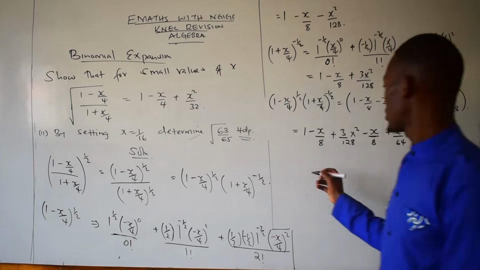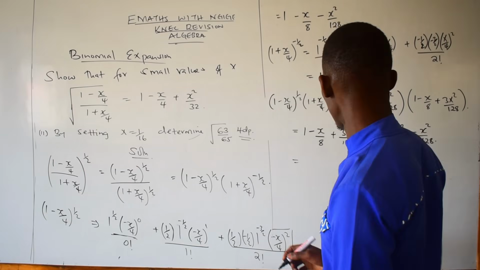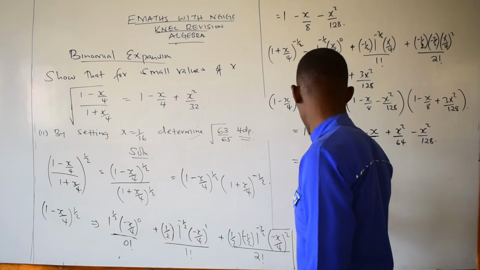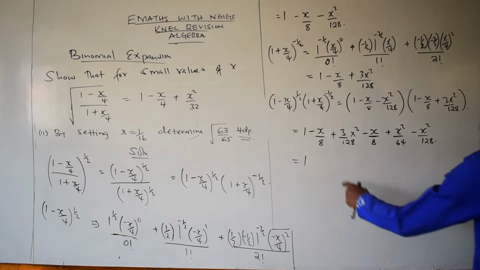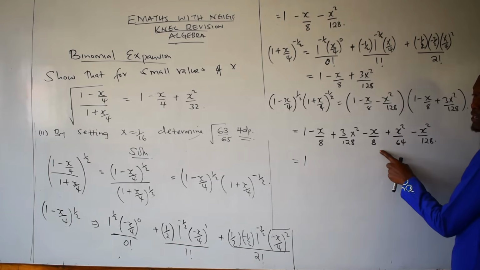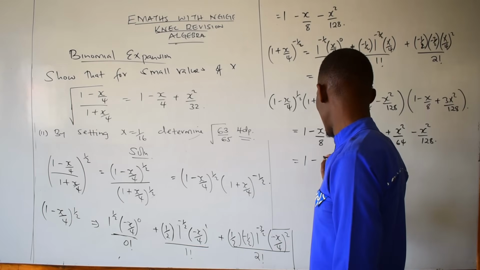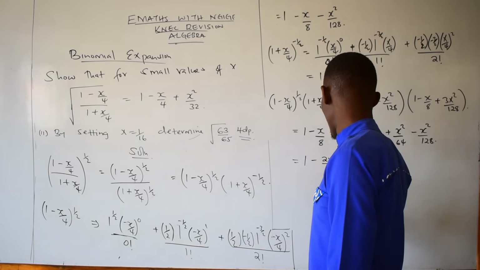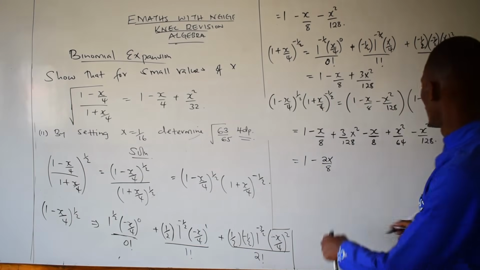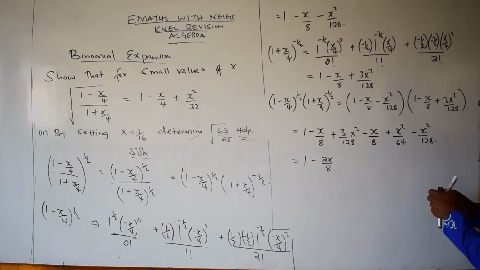Now, taking out terms that are alike, so we have 1, there is no other constant term. Then you have negative x over 8, negative x over 8, there are 2 of them, right? So negative 2x over 8. Then we come to the square part, the ones that have square.